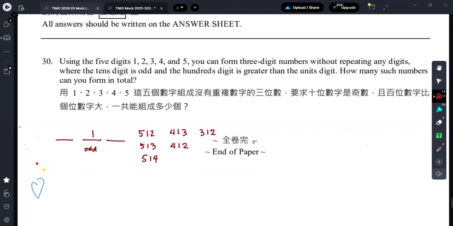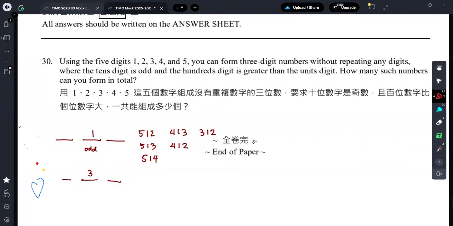If the tens digit is 3, the odd number, we can have 5, 3, 1; 5, 3, 2; 5, 3, 4; and 4, 3, 1; 4, 3, 2.